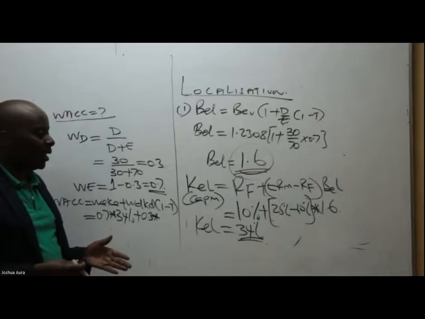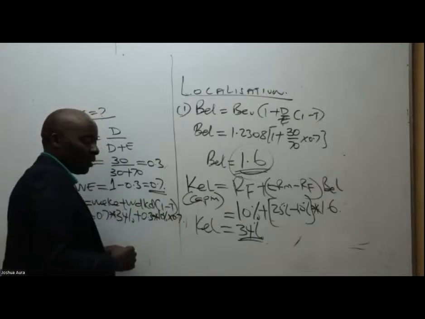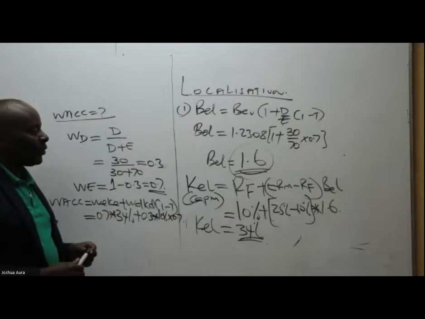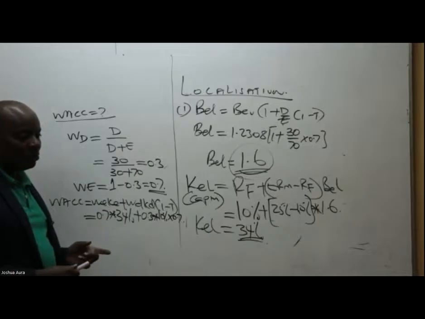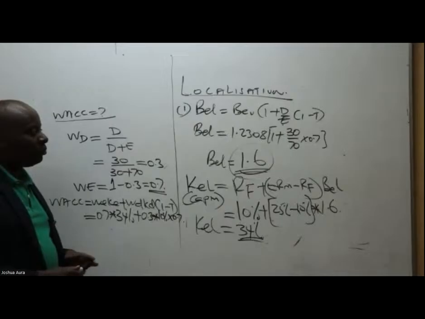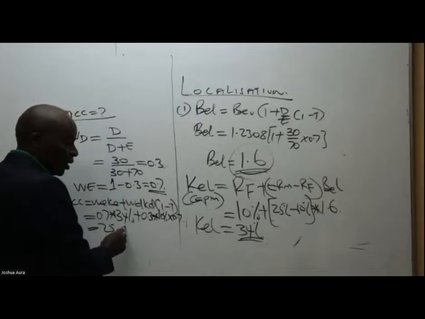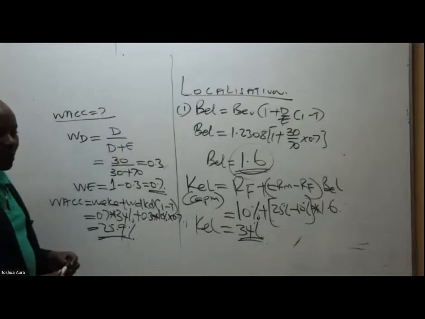We take risk-free, which is 10%, and multiply this by 0.7 because of 1 minus tax. That gives a figure of 25.9%. That's the WACC.